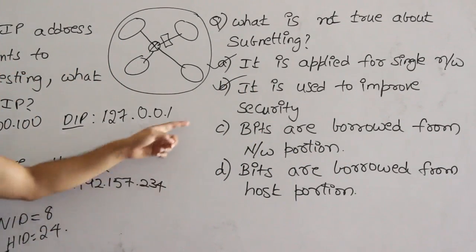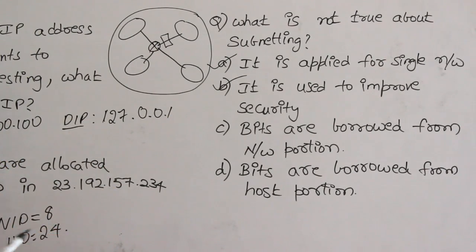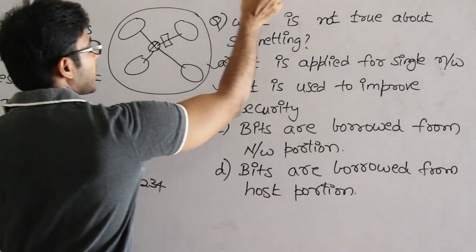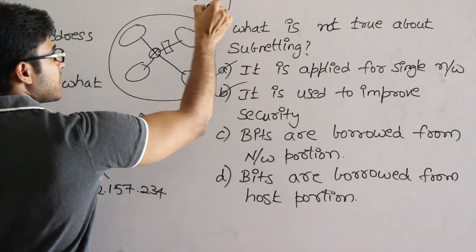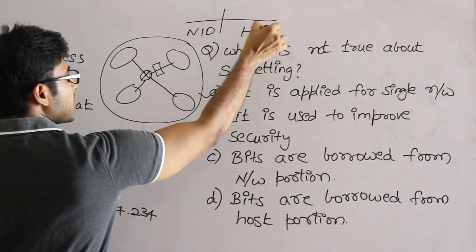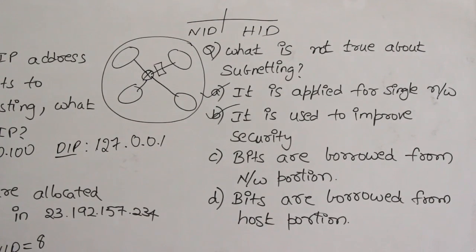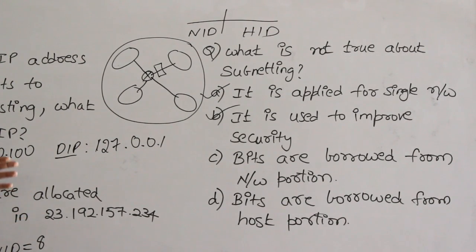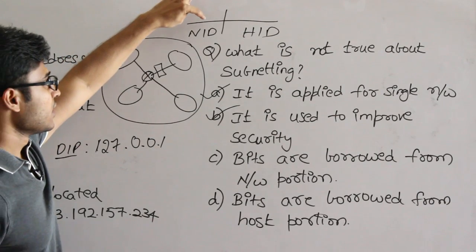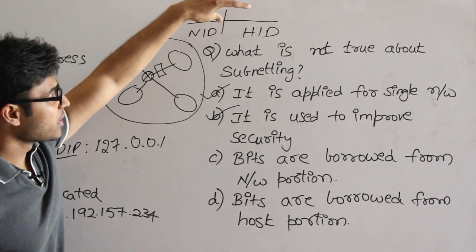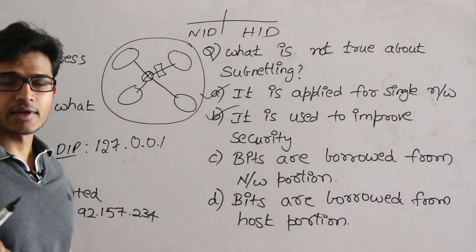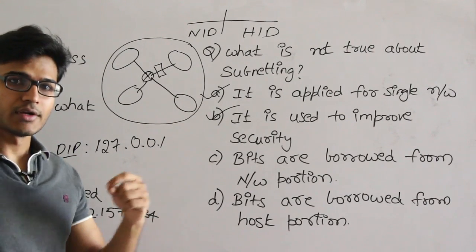So bits are borrowed means, if you have a network ID and a host ID, what happens? Let us say this is the network ID and this is the host ID. In case of subnetting, the network ID becomes like this. The host ID part becomes smaller, therefore the resulting networks will become smaller.